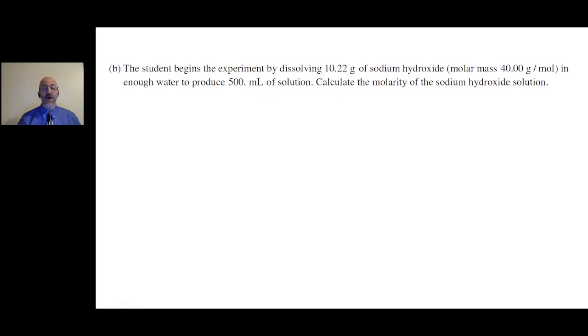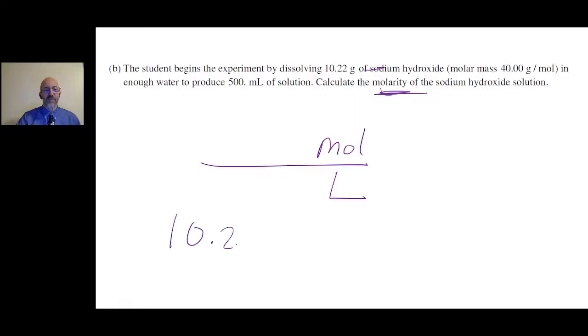The next part of this question asks you to do a calculation. It's a pretty simple calculation: calculate the molarity of the sodium hydroxide. So I'm looking for the number of moles of sodium hydroxide per liter. I would write down 10.22 grams of sodium hydroxide, and if you do the math, it's approximately 40 grams per mole.